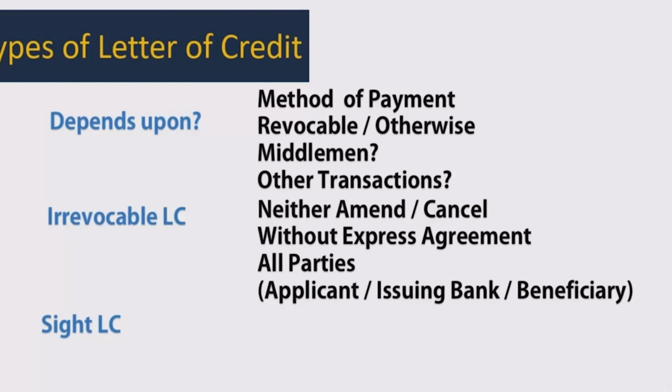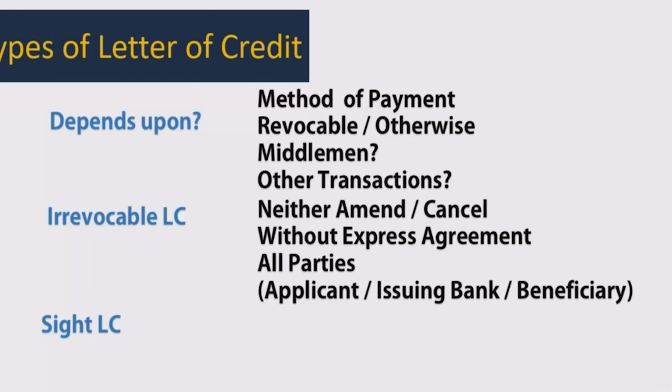It means the buyer is opening the LC in favor of the seller just to get his confidence, so that he can send the goods, because the goods have to travel a longer distance, and the seller has a fear whether the buyer would pay or not, because there is going to be a transit period. So the seller has insisted on LC and the buyer has opened the LC in favor of the seller, and that is a sight LC.